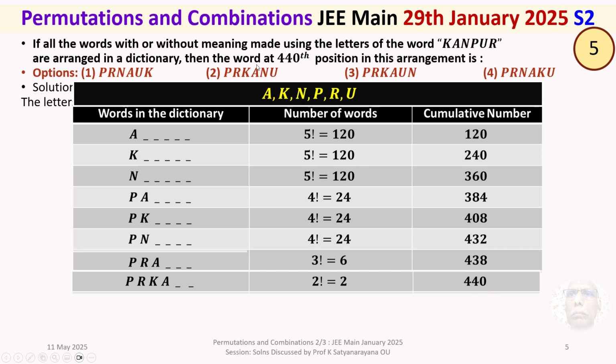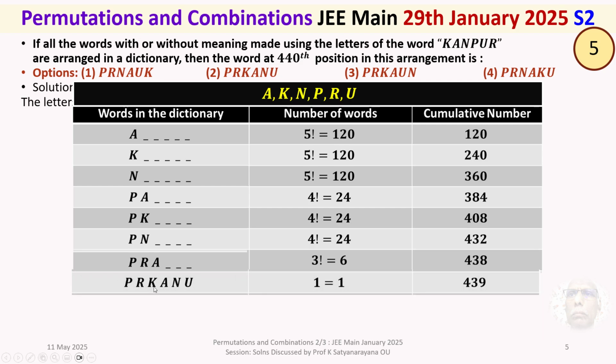So what is our 440th word? So PRKA. Which are the 2 letters left? N, U. What is the order? N, U first, then U, N next. So PRKANU is the 439th word.